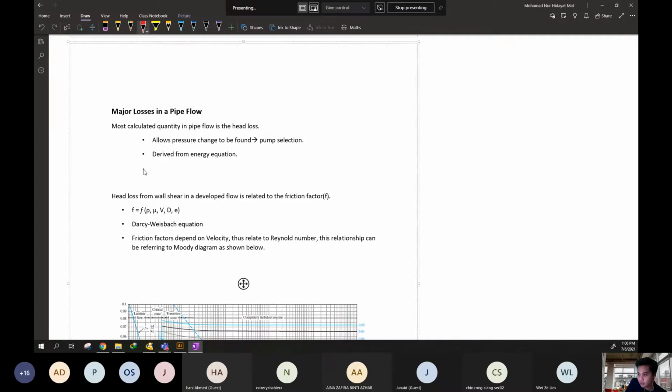So this is the head loss, which is delta P over gamma. Let me explain to you clearly. So what's the energy equation?